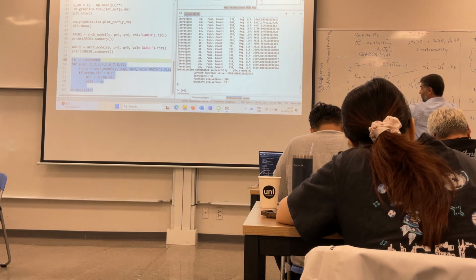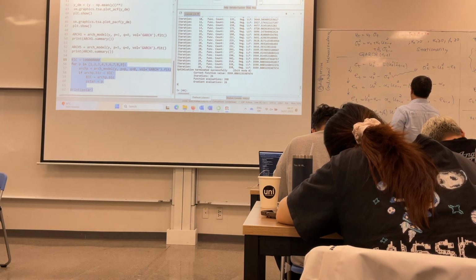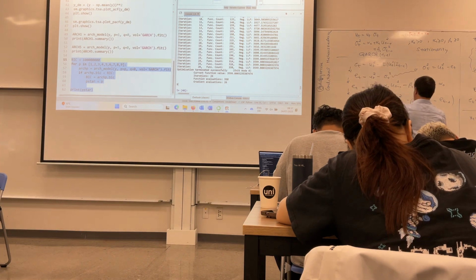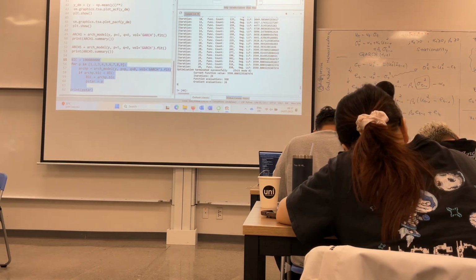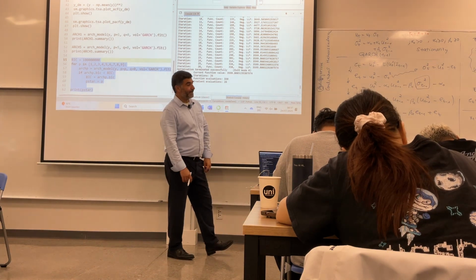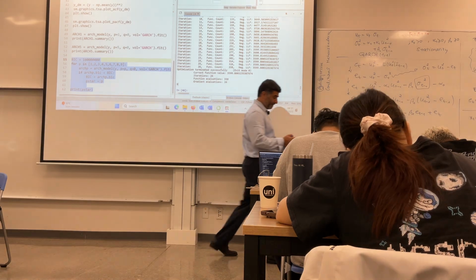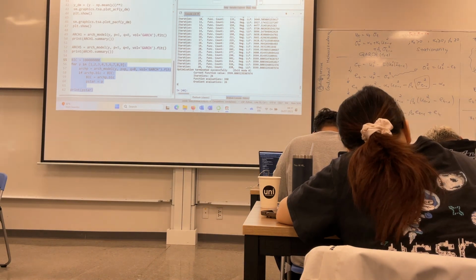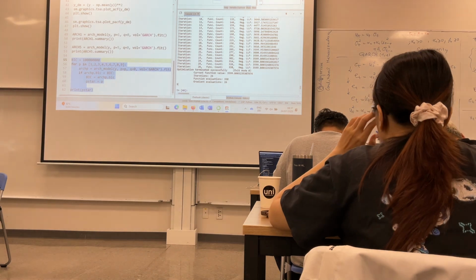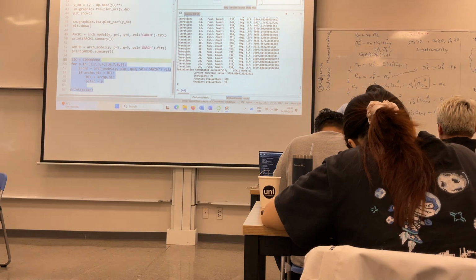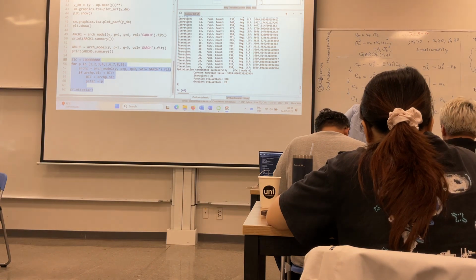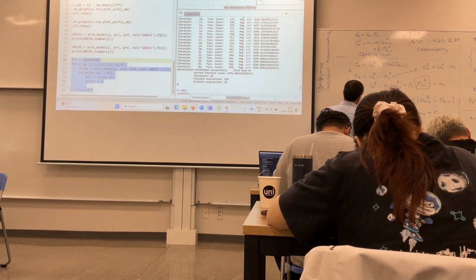What goes to the other side becomes a minus. So that's the GARCH(1,1).